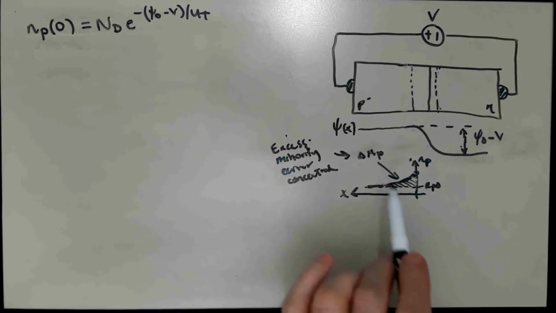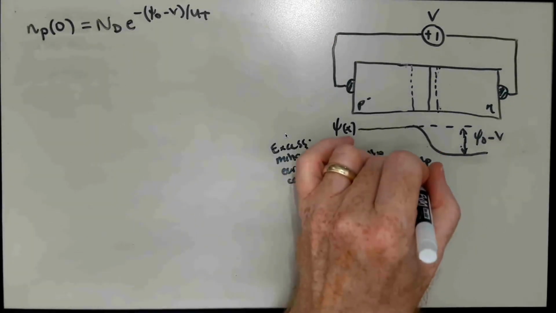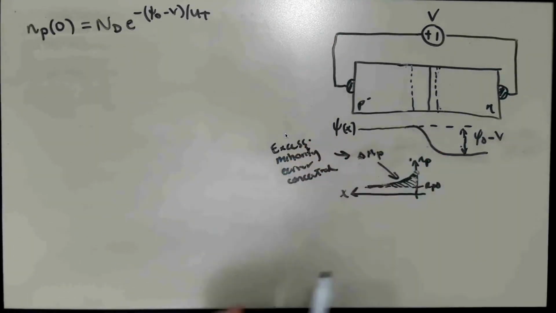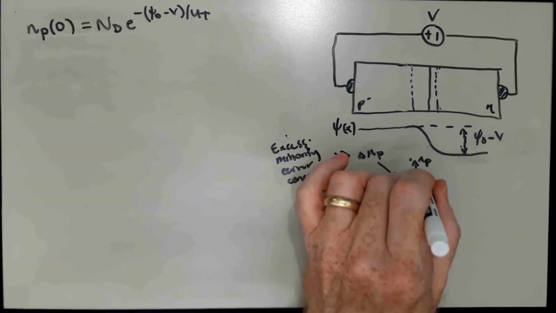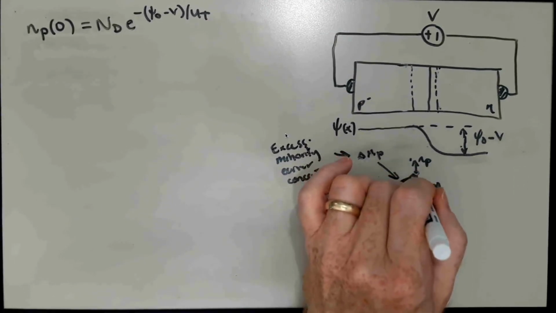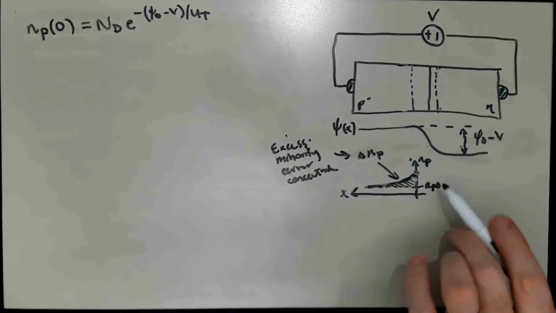But in any event, it's really the area under this curve, which in turn turns out, under a wide range of conditions, to be proportional to how far above NP0 this boundary condition winds up being.